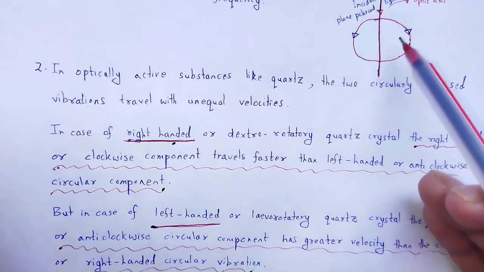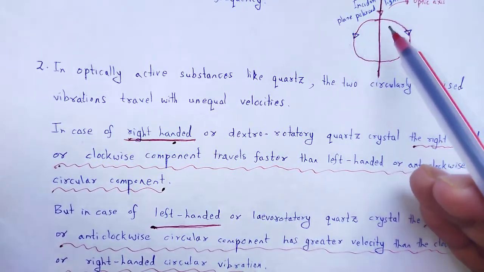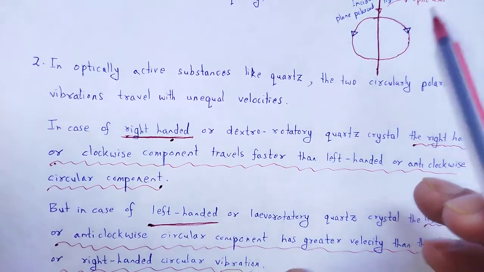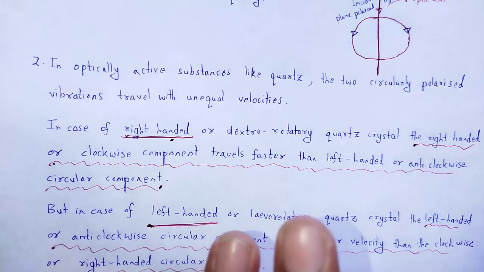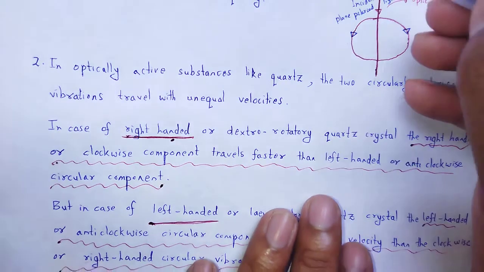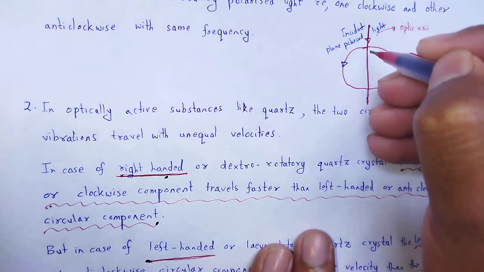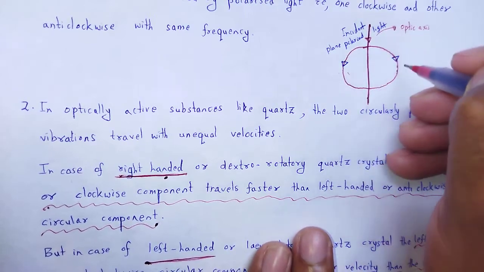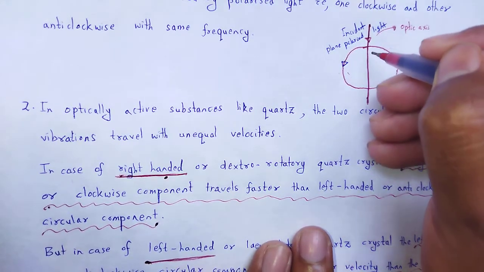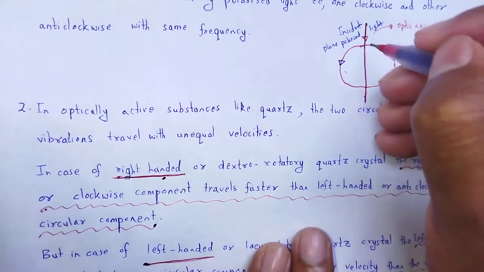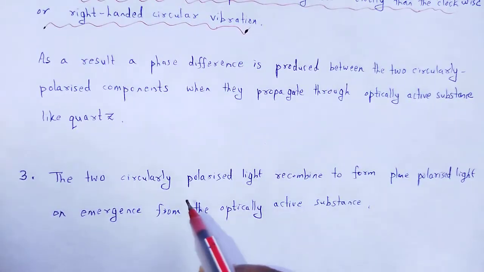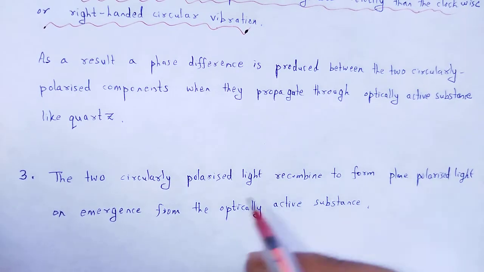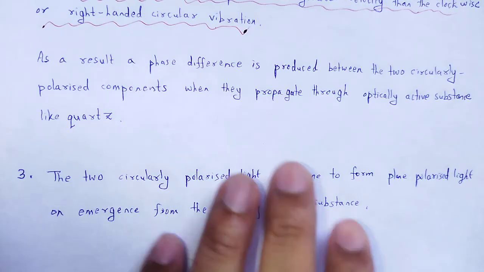So, the incident light inside the crystal is divided into two circularly polarized components, one along the clockwise direction and another along the anti-clockwise direction. After that, the two circularly polarized lights recombine to form plane polarized light on emergence from the optically active substance.